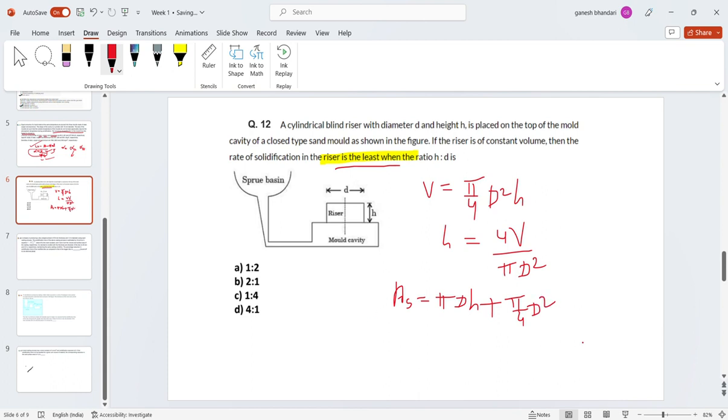I think you're clear how I wrote this equation and this, right? Then you can substitute this h term from equation number 2 into this equation. From there, you will get this relation, 4V by d plus.